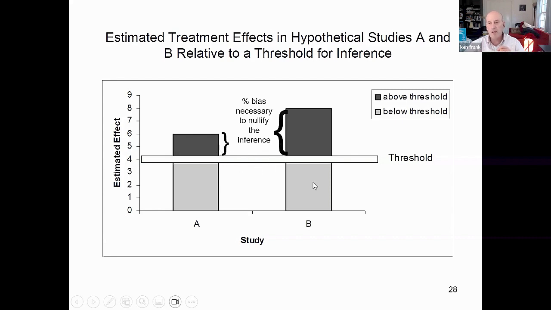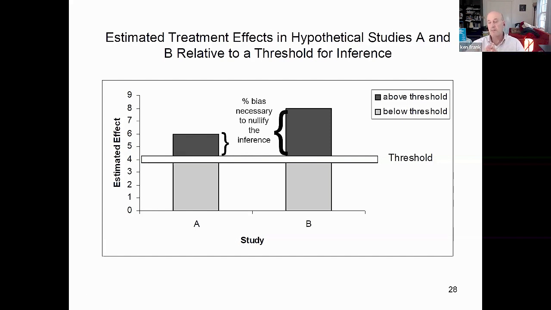So if you look at studies A and B, both studies exceed the threshold. So technically, you'd make the same inference from studies A and B. But all else being equal, design, measures, sample, et cetera, the estimate and the inference from study B looks more robust. Why? Because more of the estimated effect from study B exceeds the threshold than from study A. It's a very simple idea.